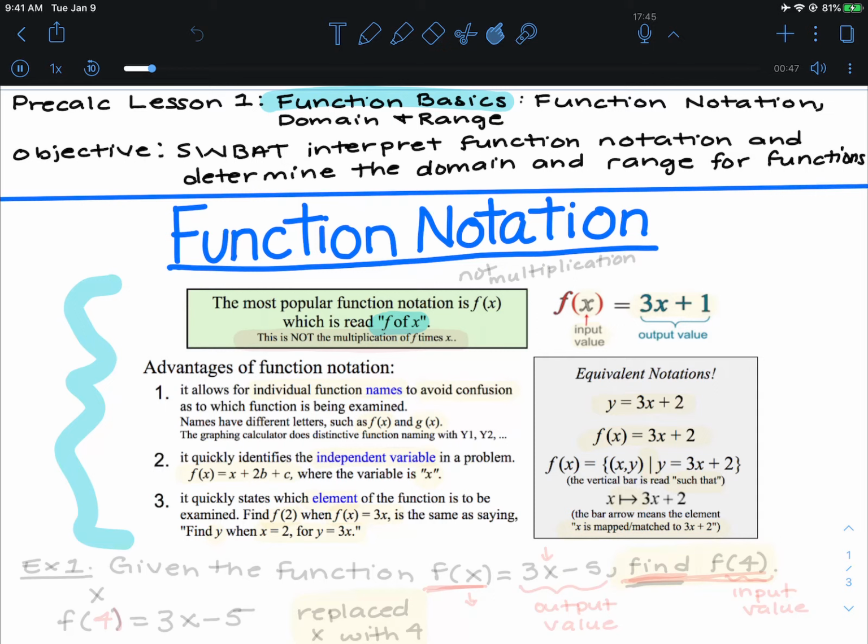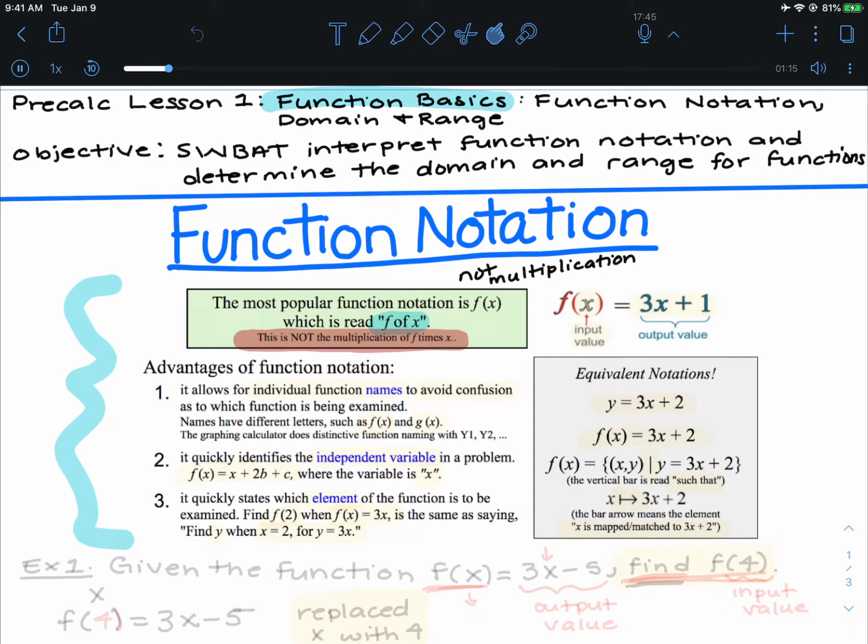Okay, now an important thing right here is that this is not the multiplication of f times x. Okay, so whenever you see f of x, that is not multiplication, okay? So f of x does not mean multiplication.